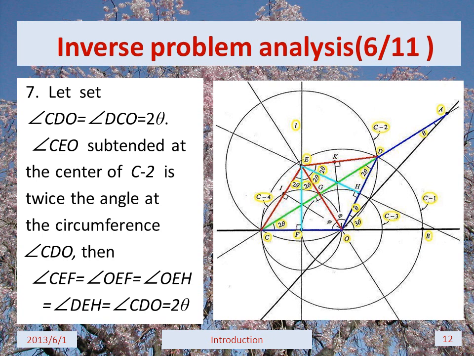This slide shows that the angle at the circumference CDO on an arc CO is half of a central angle CEO.